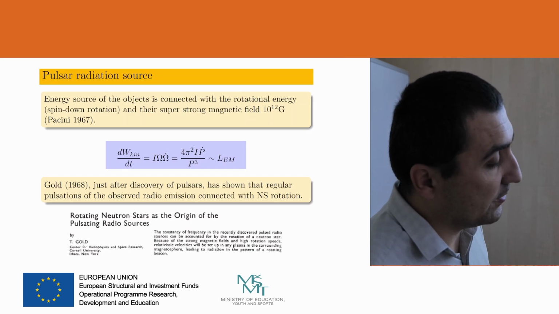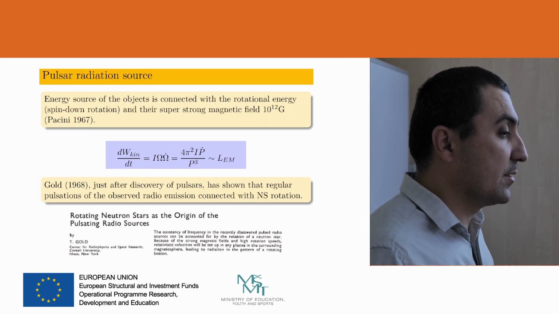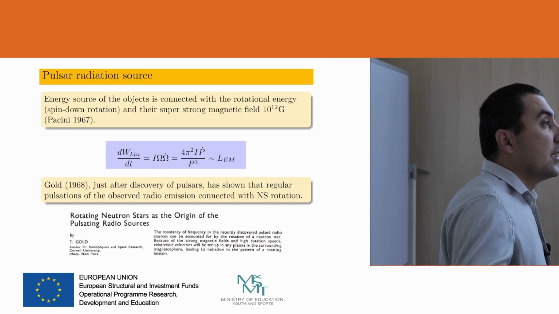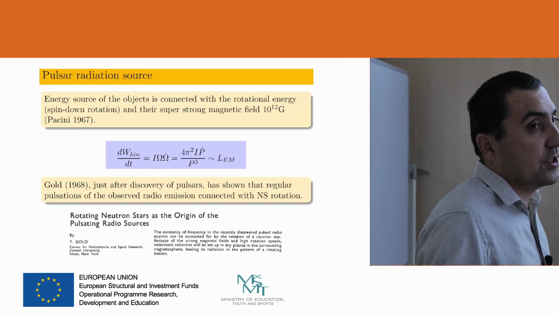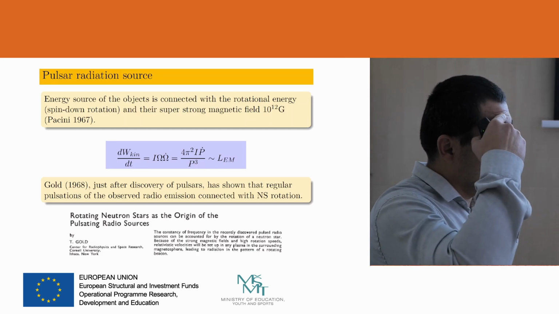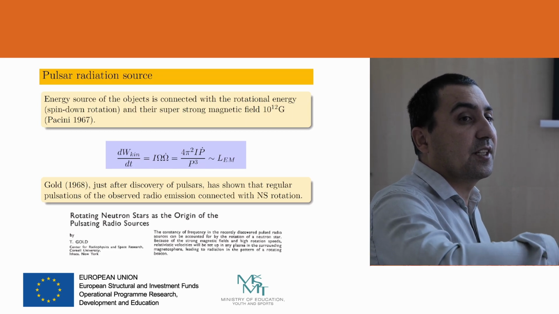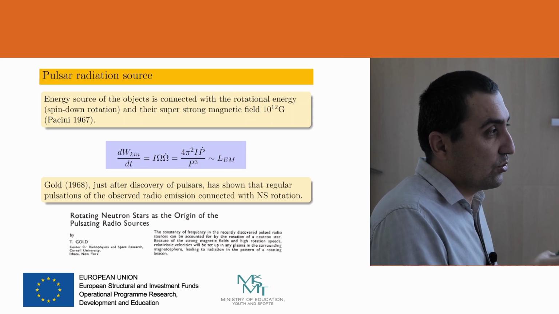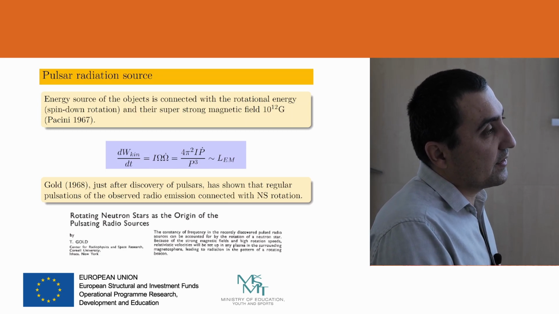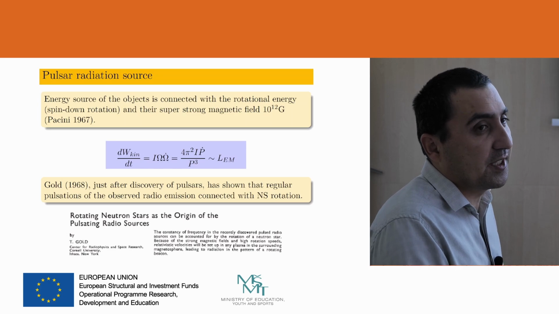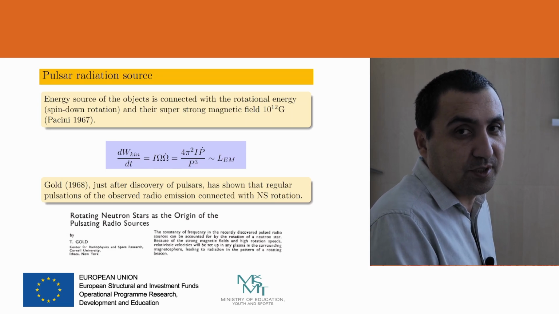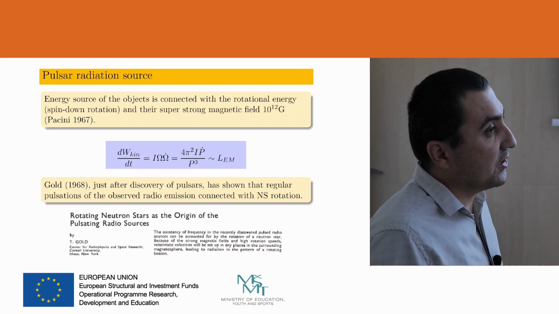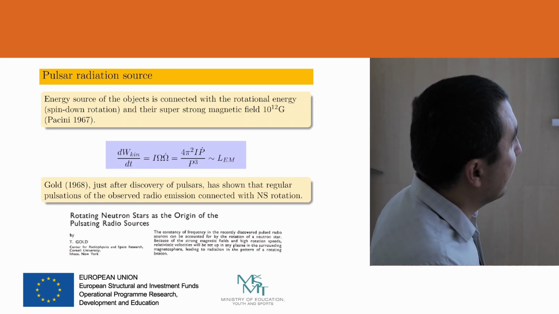They assumed that since neutron stars are fast rotating, their kinetic energy transforms to radiation energy, so the neutron star should be powered by its kinetic energy. Due to this kinetic energy loss, the pulsar radiates and slows down.